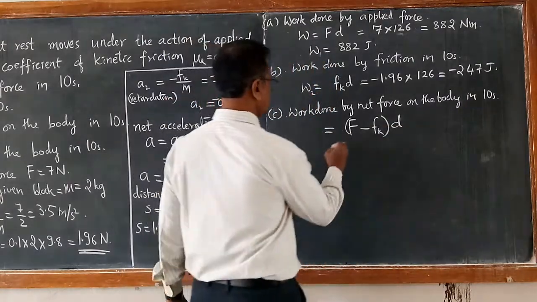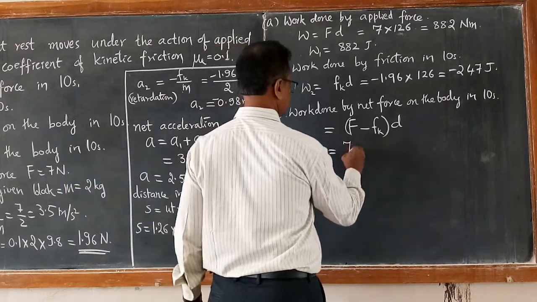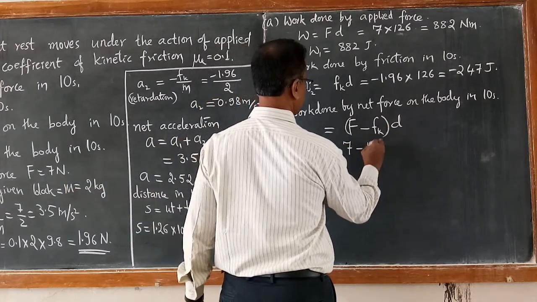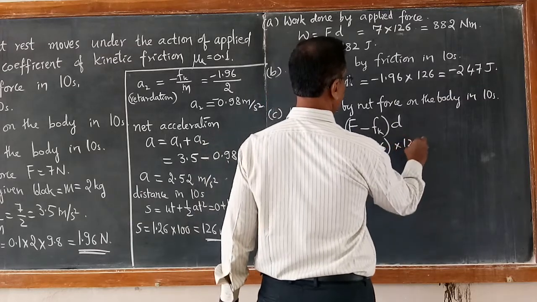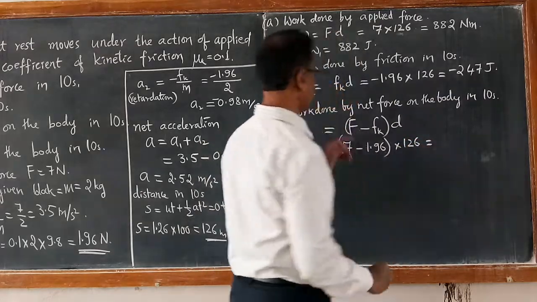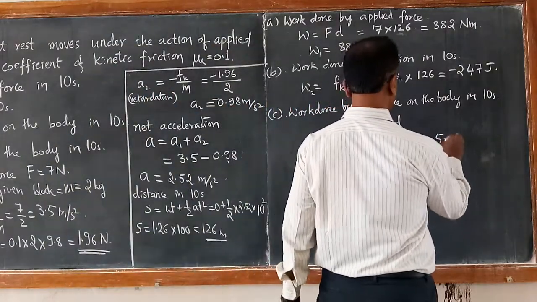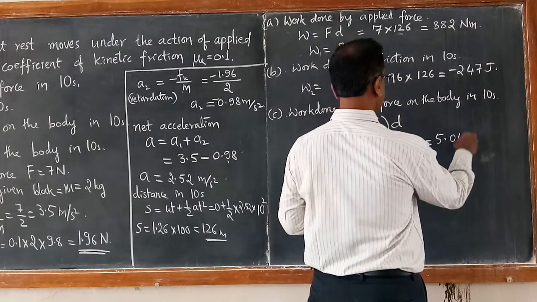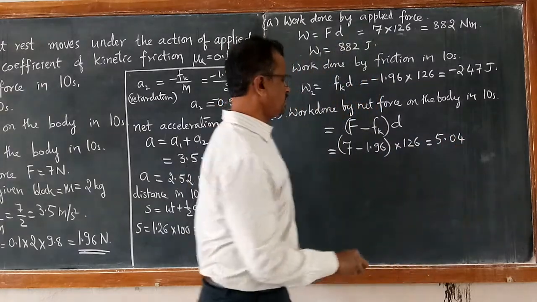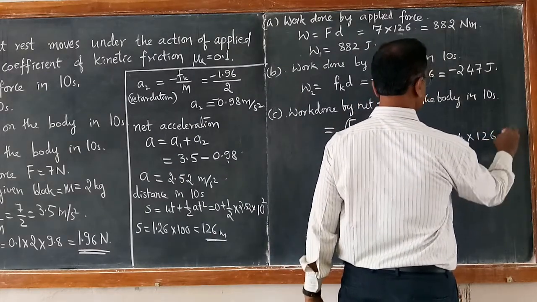So if you just subtract, what is F? 7 minus Fk, 1.96, into displacement 126. So if you carry this out, you are going to get 5.04. 10 minus 6, 4. So you are going to get 5.04 into 126. So many joules.